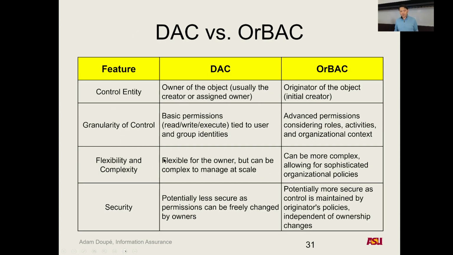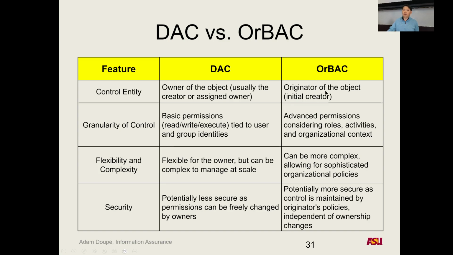This is the table comparing DAC and ORCON. As I mentioned, the control entity is different. In DAC it is the owner, but in ORCON, no matter who the owner is, only the originator, the creator, can determine the access controls.